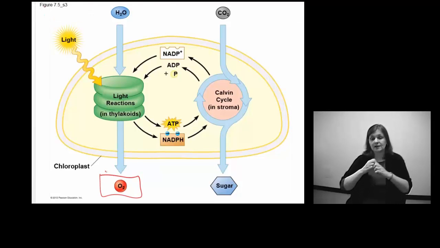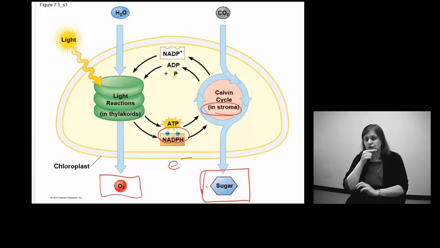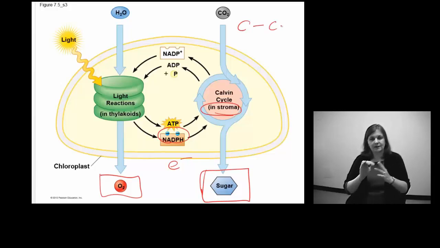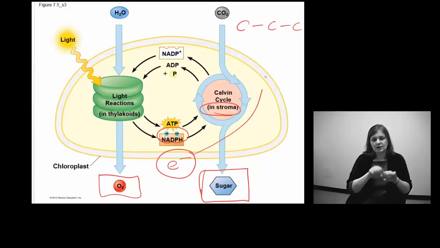And then the transfer of electrons to the stroma so that we can go through the Calvin cycle and actually convert carbon dioxide into sugar. So the energy that we need to build this glucose chain comes from the electrons released from water.